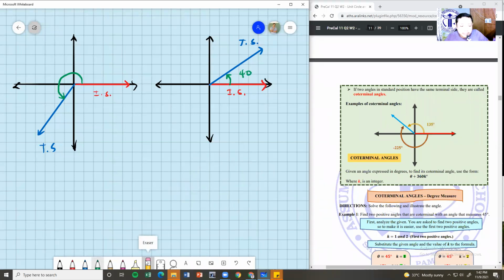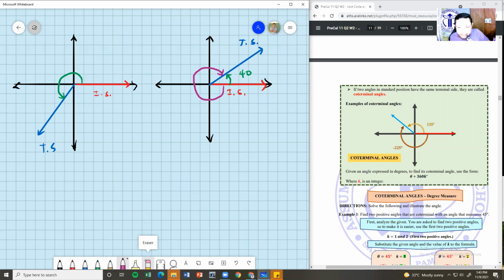Okay? Now, let's draw another angle here. What if, using the same initial side, this angle goes to this side? Okay, so we now have two coterminal angles. What's the sign of the angle formed by the purple direction? Is it positive or negative?